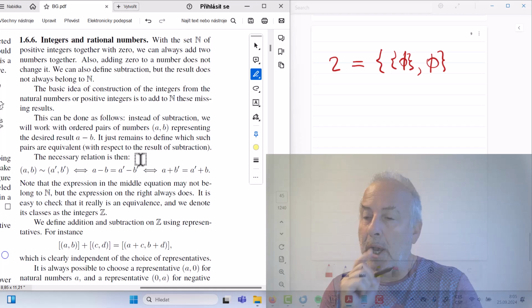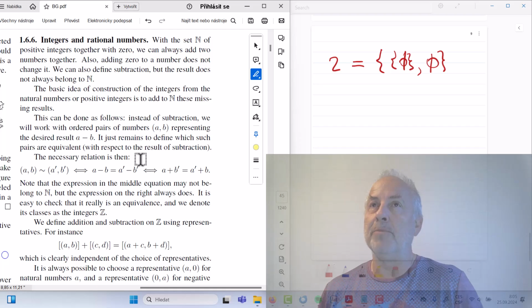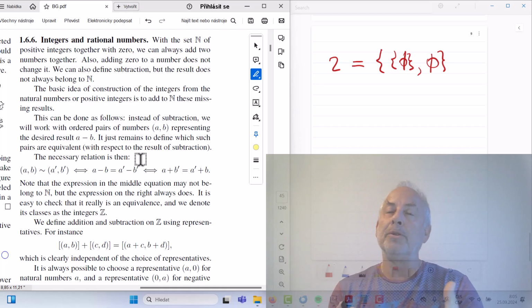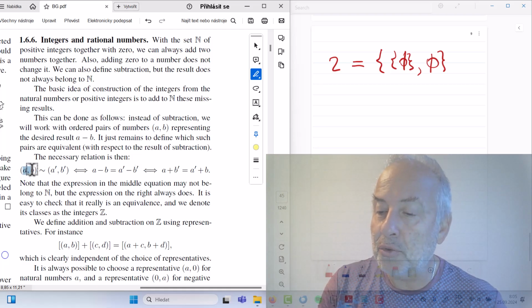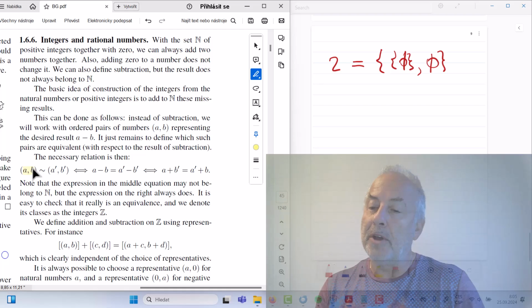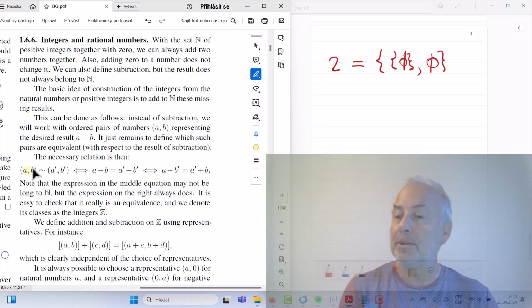Right, so what we can do is help ourselves now with the concept of equivalences. So what's the problem? Instead of talking about differences of natural numbers, we can simply say that the difference is given by choosing the couple (a, b), where a is given and b is what I want to subtract, right?